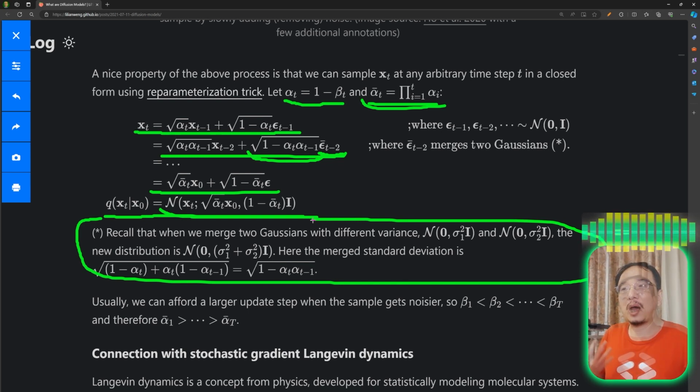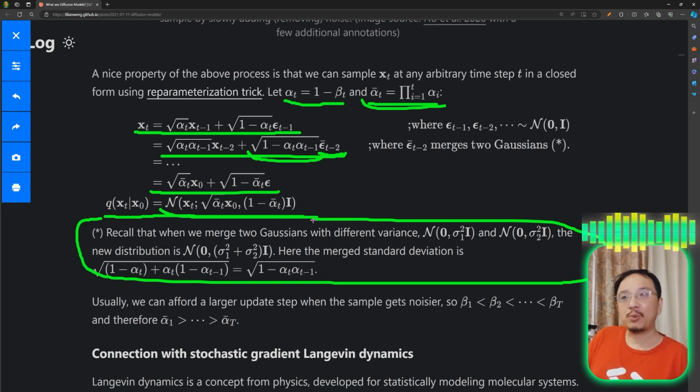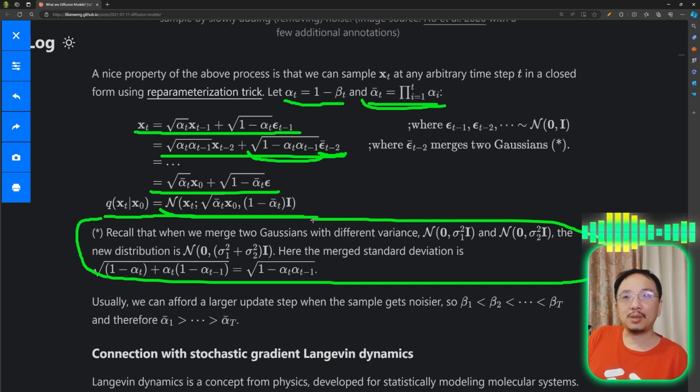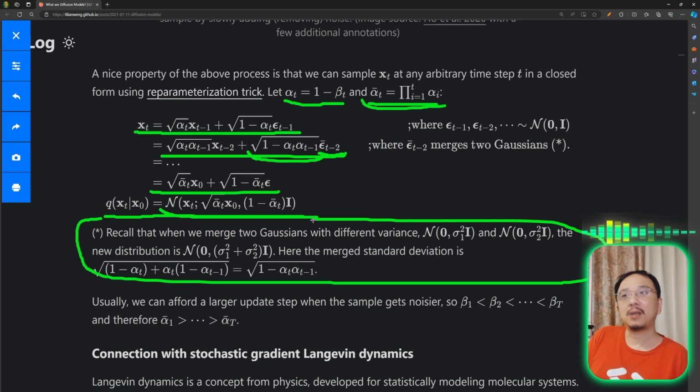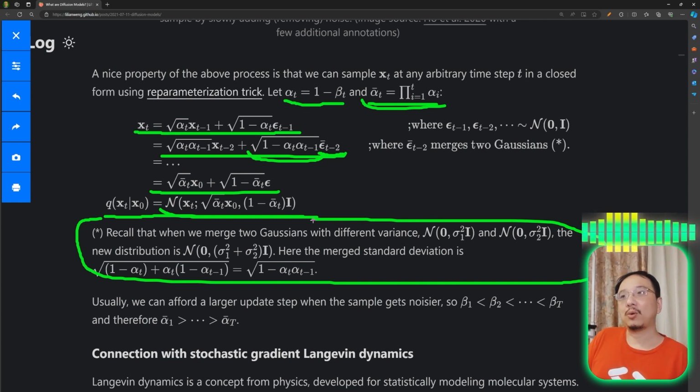Suppose you have two independent random variables x and y, and try to derive the formula of the variance of x plus y. Since the Gaussian distribution is determined by its standard deviation and its mean, if we can compute the variance, then we can compute the square root of the variance, which is equal to the standard deviation. So that's how we derive the formula of merging two Gaussians together.